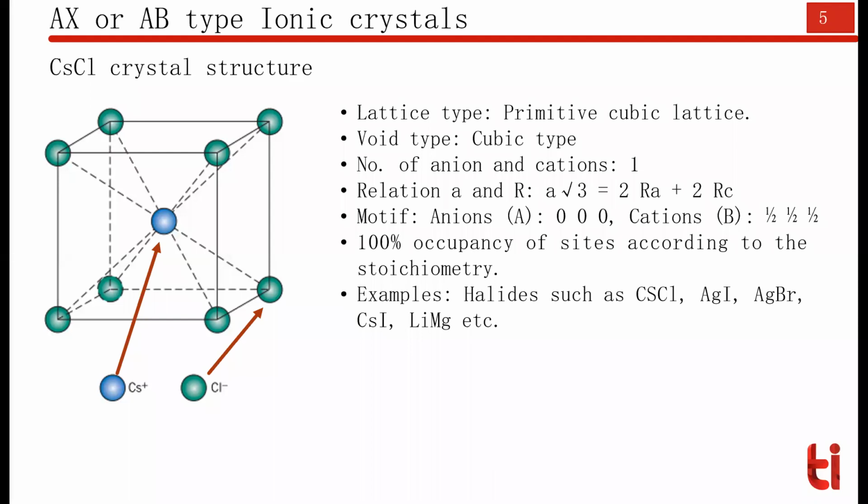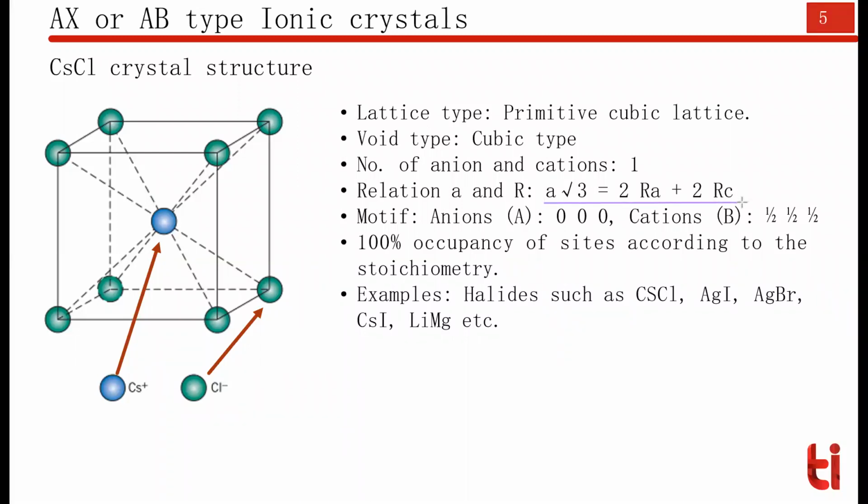If you talk about the relationship between the radius of the atoms and the lattice parameter a, you should look along the body diagonal, whose length, if you remember, is root 3a. So root 3a is equal to twice the radius of the anion plus twice the radius of the cation. So root 3a is equal to 2(Ra + Rc). Everybody remembers this?